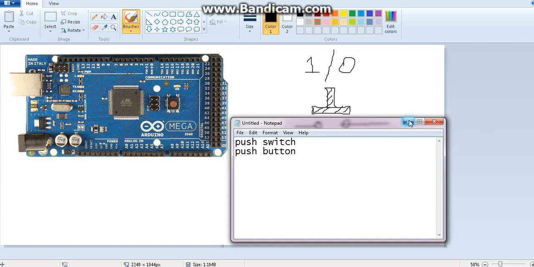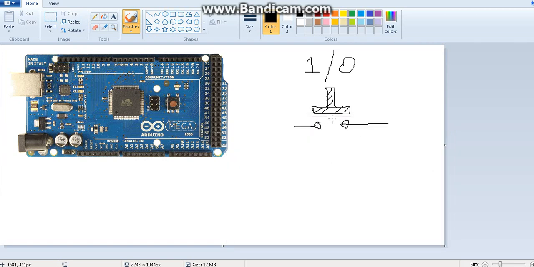You can see that these are two terminals, and in between the two terminals there is no connection. The connection happens when you press the upper part of the switch.